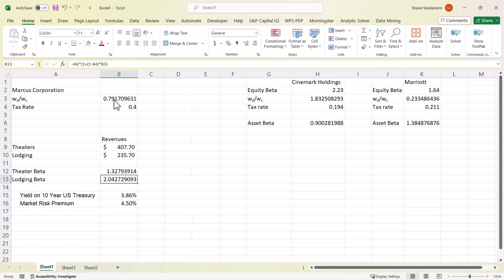And we get a lodging beta of 2.04. So like I mentioned before, they told me and a group of students that was there with me that their lodging side is much more sensitive to market fluctuations, and that's what we see here with both the unlevered beta, or the asset beta, and the equity beta.